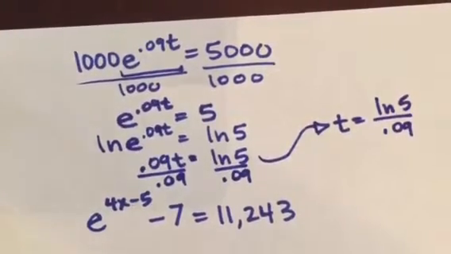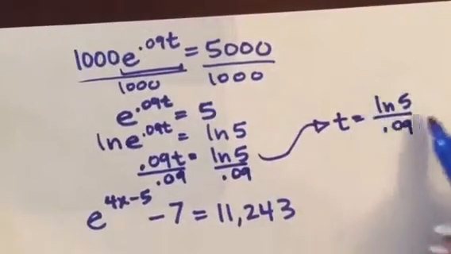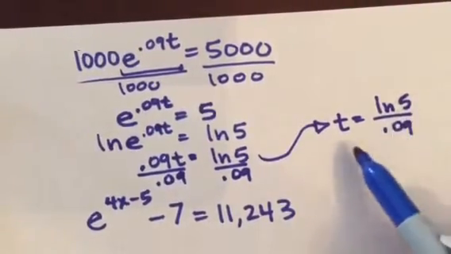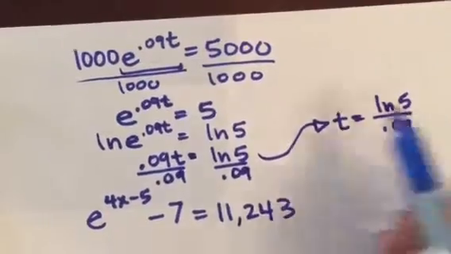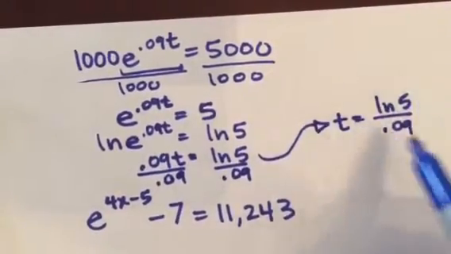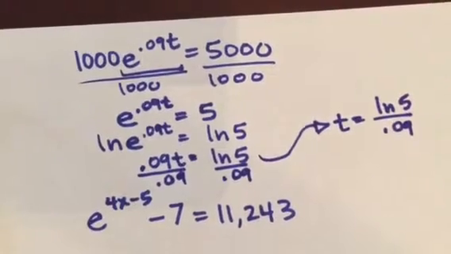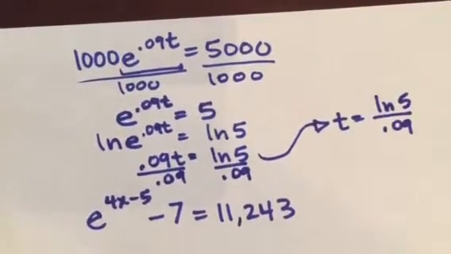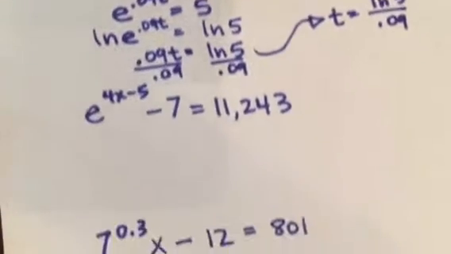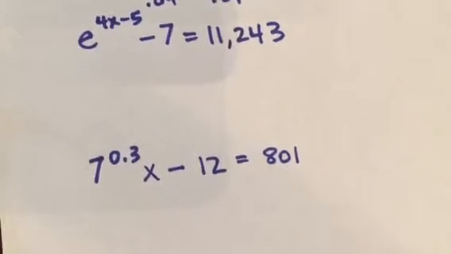All right, and that would give us our exact answer. We can get an approximation by using a calculator, and I would suggest doing that. Go ahead and get it, sub it back in, and you should see that we have a correct answer. All right, moving on to this example here.